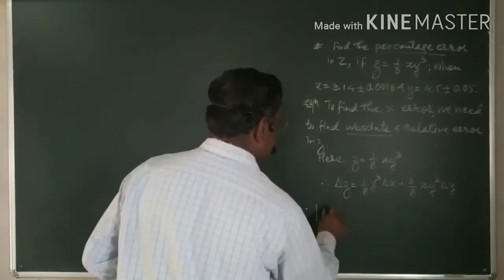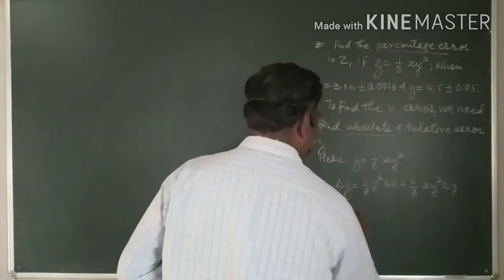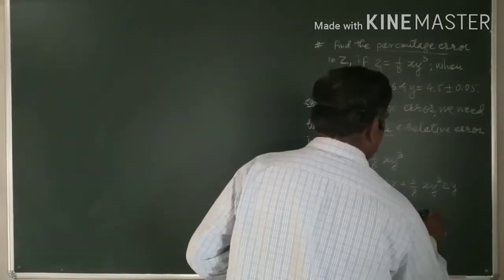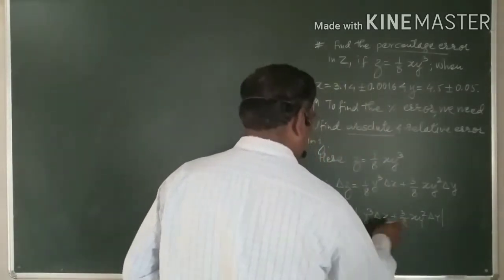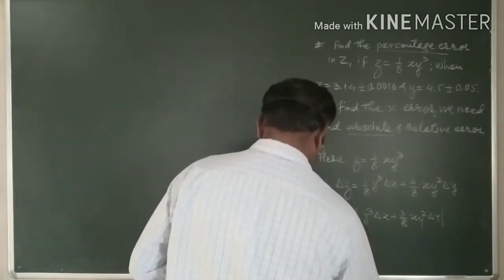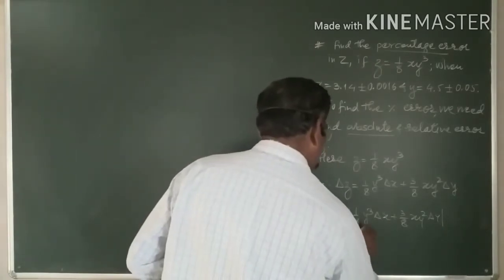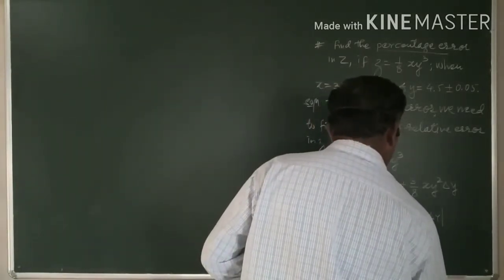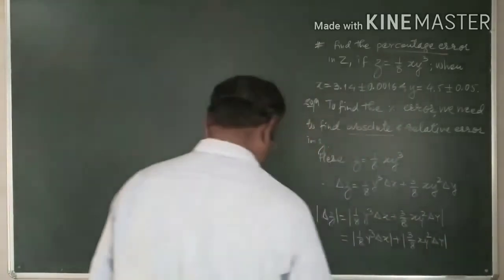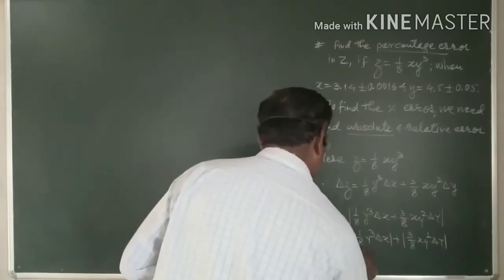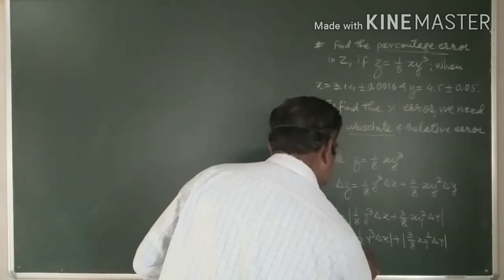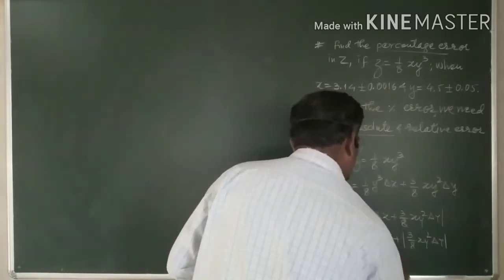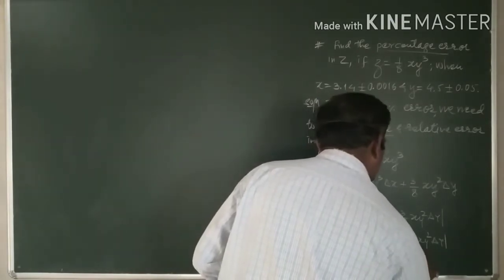Therefore, the absolute error del z is equal to the absolute value of all this, which we can write as the absolute value of 1 over 8 y cube del x plus 3 over 8 x y square del y, which is further equal to 1 over 8 y cube del x plus 3 over 8 x y square del y.